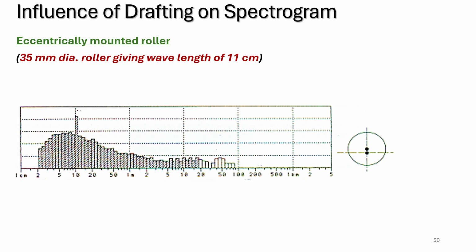So here, at 11 centimeter we will be getting one peak. 35 millimeter means 3.5 multiplied by pi, it is actually close to 11, approximately 11. So here you can see the eccentric roller, whose diameter is 35 millimeter. We get this type of spectrogram.